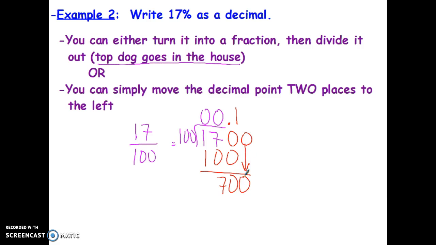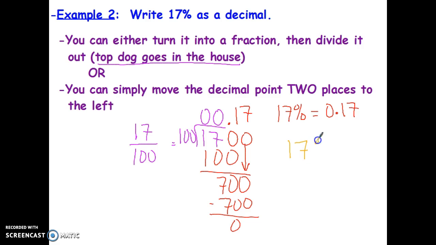Now 100 can go into 700 7 times, and 7 times 100 is 700. And we see we're finished solving. So 17% as a decimal is equal to 0.17, or 17 hundredths.